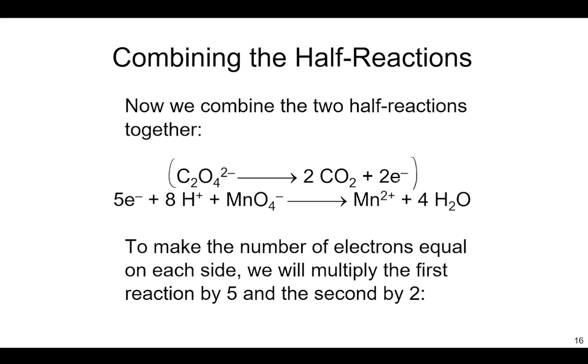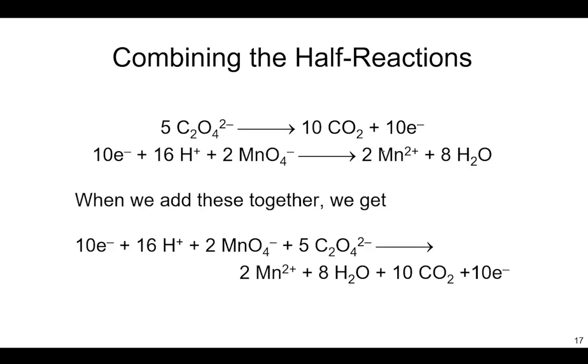Well, let's multiply the first reaction by 5 all the way through, and multiply the second reaction by 2 all the way through to get 10 electrons and 16 hydrogens and 2 MnO4s and 2 Mn2+ and 8 hydrogens and 5 C2O4s and 10 CO2s and 10 electrons, or to look like this.